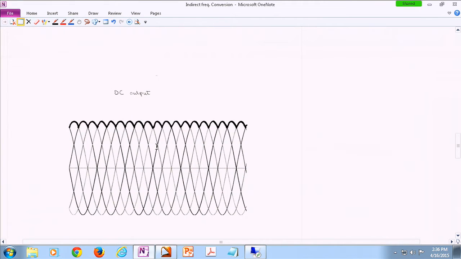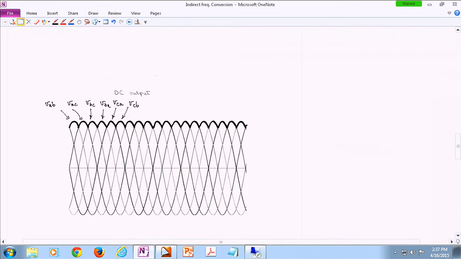So remember the phase sequence is VAB, for instance. Then it is VAC. Then VBC. Then VBA. Then VCA. And then CB.